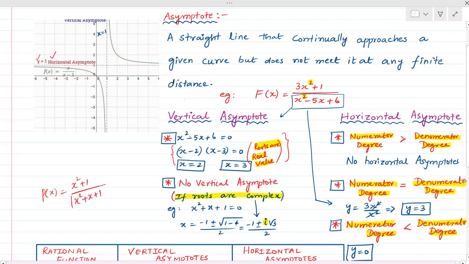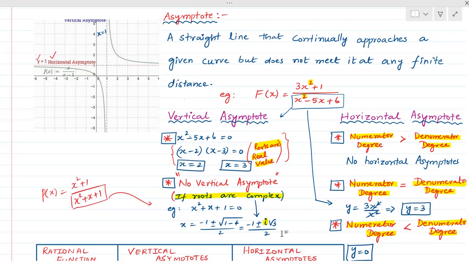When I substitute the denominator equal to 0 and solve this equation, you will get a complex root. Whenever you have a complex root, we will say the vertical asymptote does not exist. So these are the two conditions for the vertical asymptote.